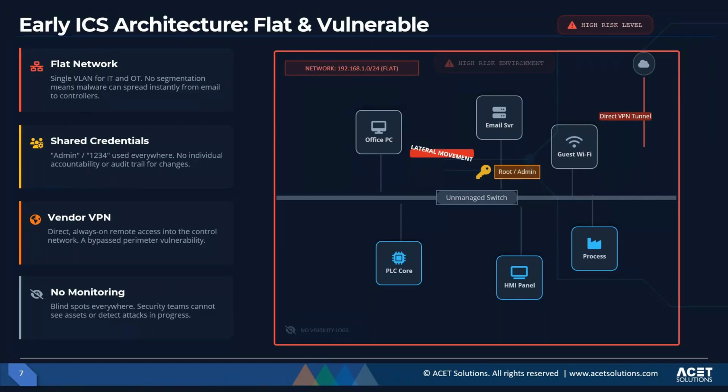In these setups, PLCs, HMIs, historians, engineering workstations, and often operator terminals operated within the same broadcast domain. This meant any device could communicate directly with any other device without any restrictions.